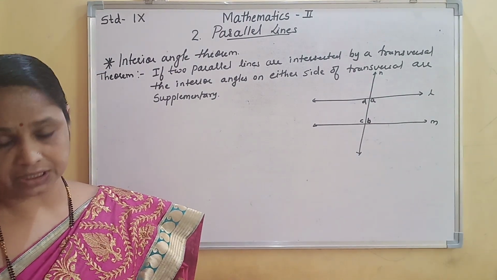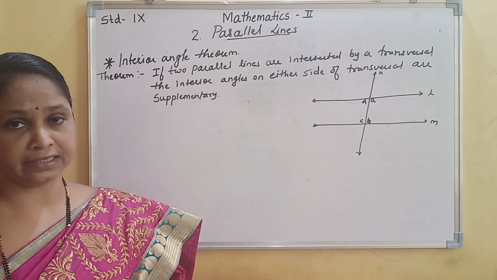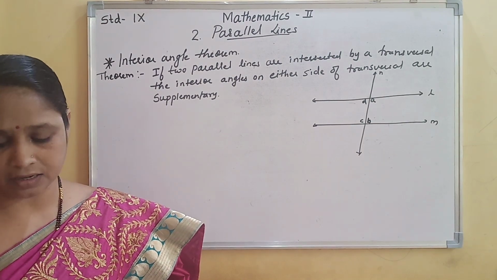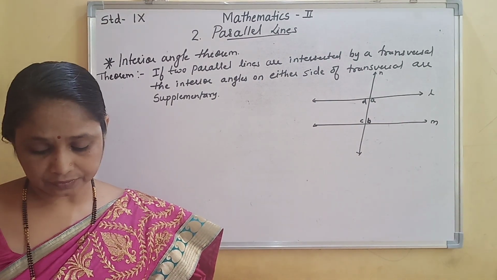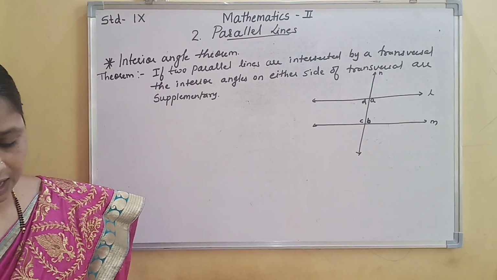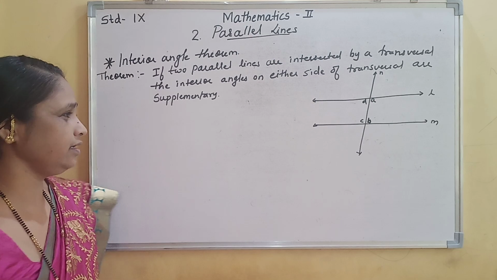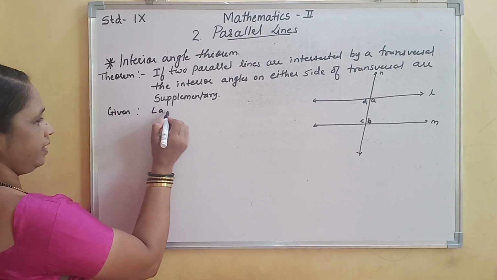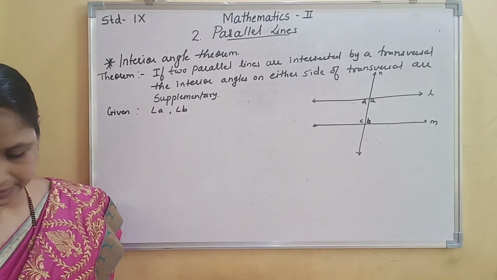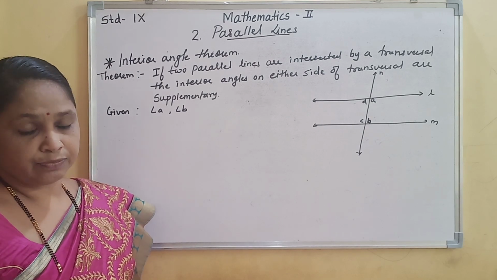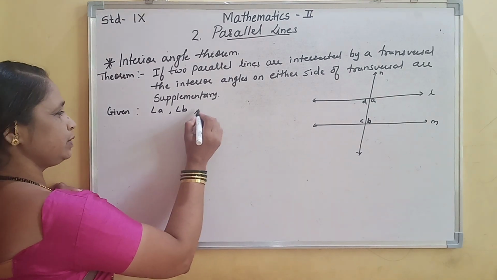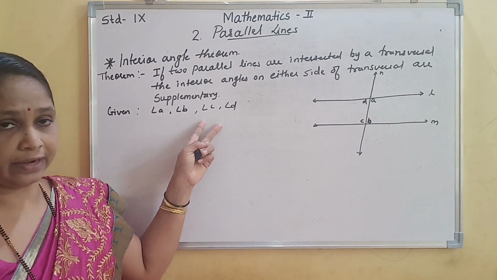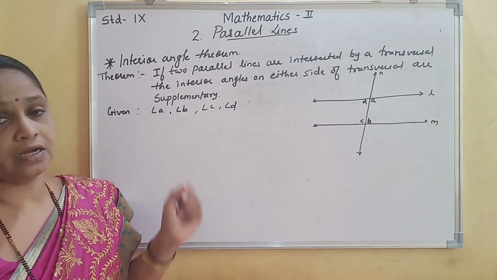Now see, in the given, line L and line M are the parallel lines and line N is the transversal. Hence angle A and angle B are interior pairs formed on one side, and angle C and angle D are the interior pair formed on the other side of the transversal.